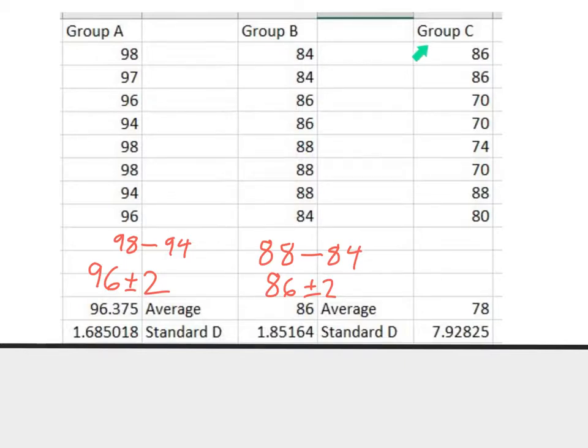We can take this a step further. Let's look at class C here. They have an average of 78. Look at their standard deviation. It's plus or minus 8.